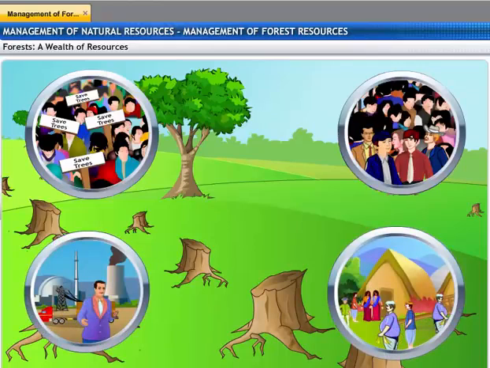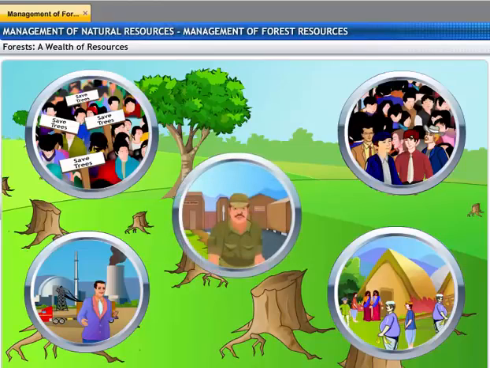Our dependency on forest resources varies. The people who use forest produce are called stakeholders.